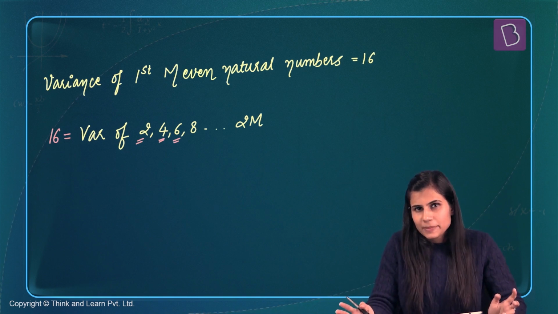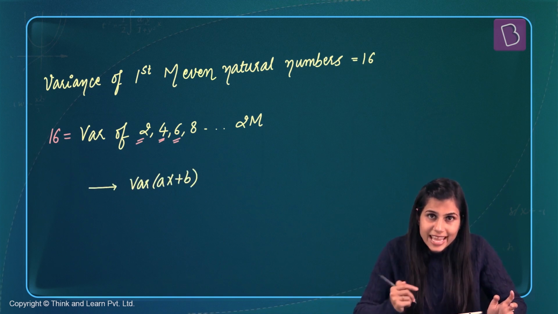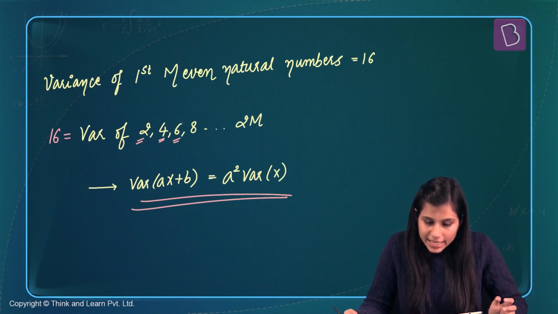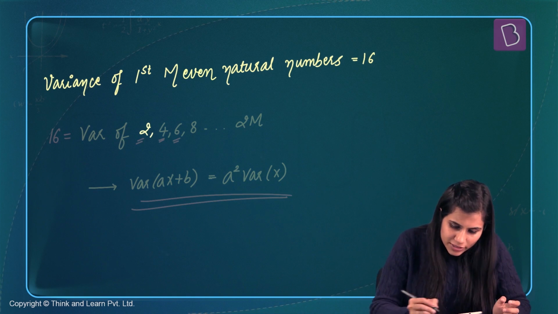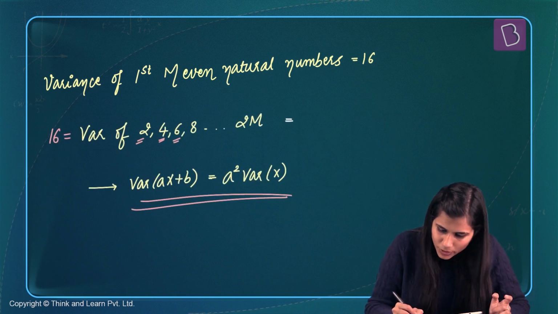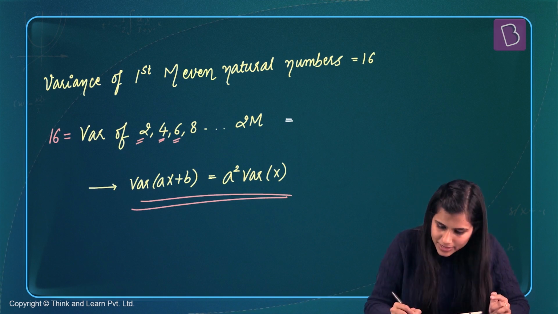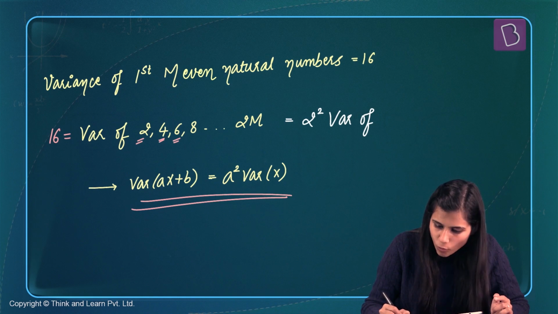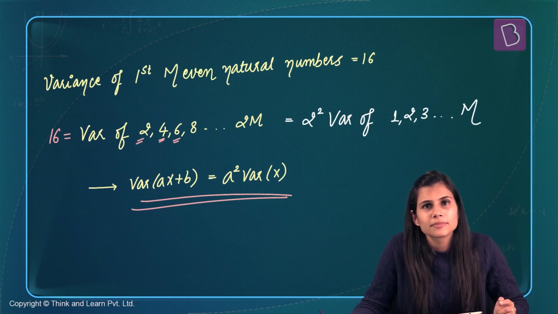And this immediately makes me recall this very important property about variance, that variance of ax plus b is a square times variance of x. Here the role of a is being played by 2, right? So using this property I can write that this will be equal to a square times, that is 2 square times variance of 1, 2, 3 and so on till m. Isn't it?